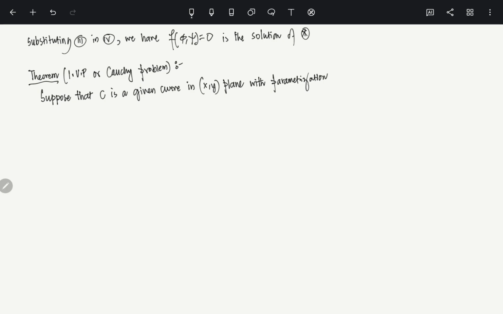This is a very, very important theorem, so please keep this in mind. x is x naught of t and y will be given by y naught of t. That's the parameterization, basically, and this t is in R. This is the curve. And suppose x naught prime of t and y naught prime of t are piecewise continuous.